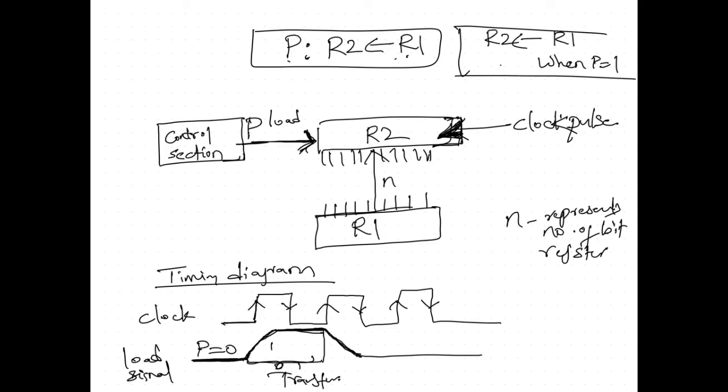At this duration, P is equal to 1. From here onwards, P is equal to 0. What does it mean when P is equal to 0? The contents of R1 will not move to R2, right? So this is the timing diagram of register transfer.